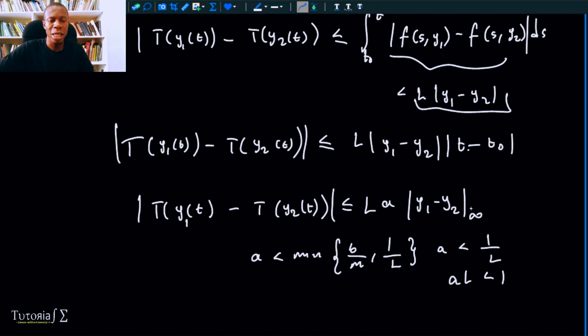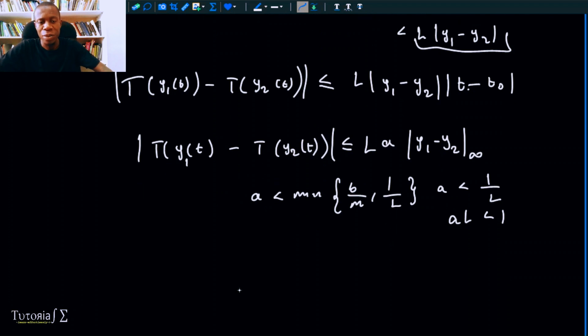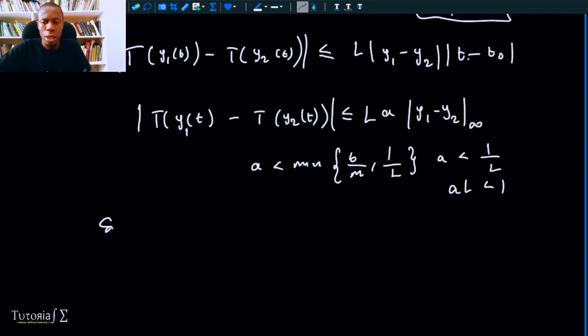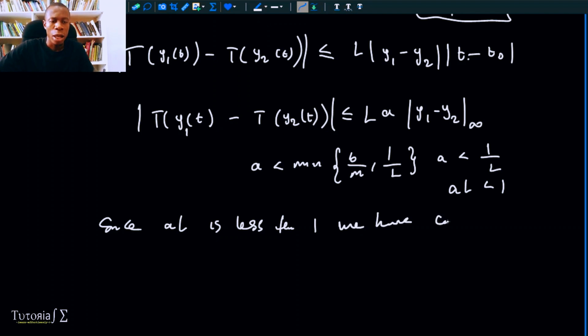If AL is less than 1, this will be contracting, so we have a contraction.